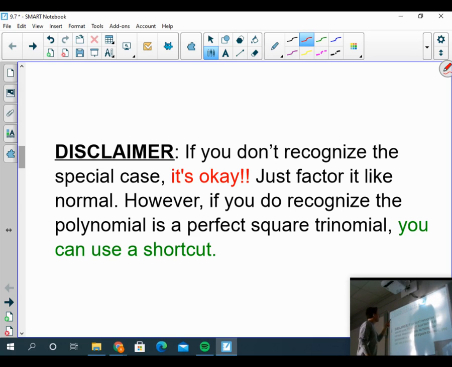The same is true here when we're factoring trinomials, the opposite of distributing. You can always factor a trinomial the same exact way as you learned in 9.5 and 9.6. But 9.7 just says, hey, if you recognize these shortcuts and it makes your life a little easier, go for it. But understand that the 9.5, 9.6 methods will always work.